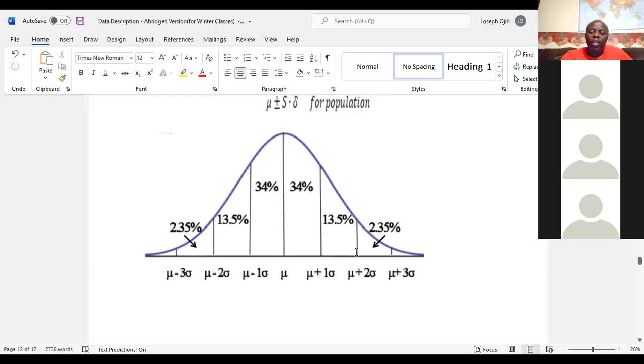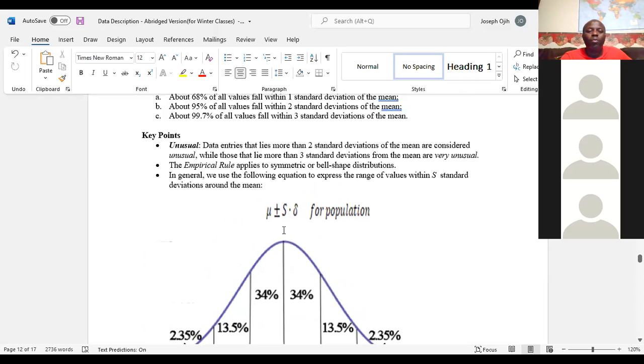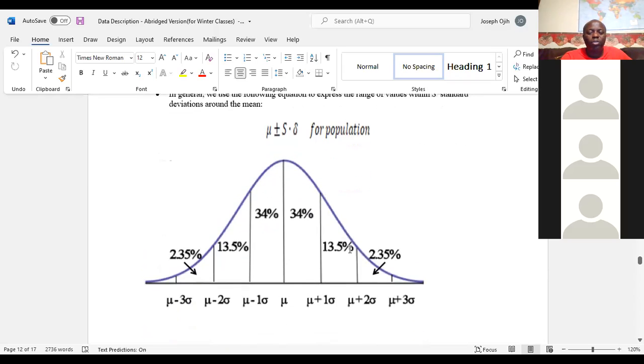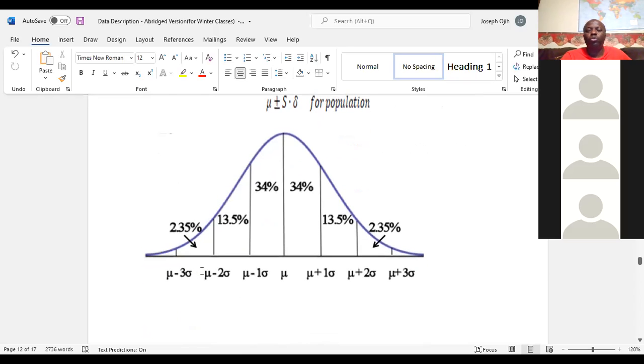I'll give you an example: normal blood pressure, normal sugar level, normal height of adults, and so on. Anyone that falls far away, like here, in the 99.7% tail section, is not usual.